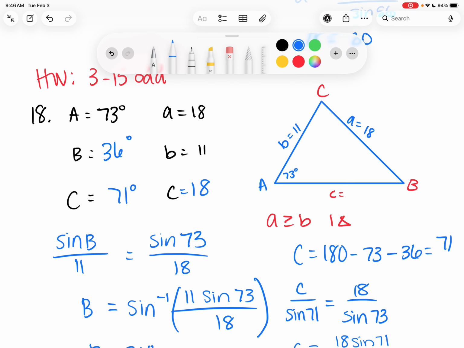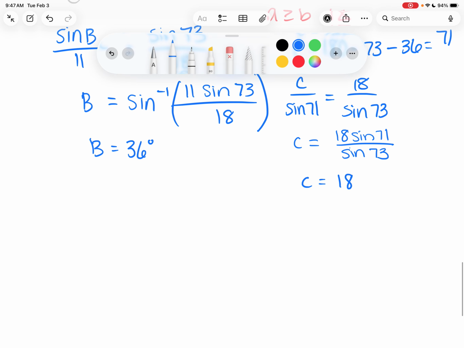Okay? So, within reason, you shouldn't have C is 19 with an angle that's smaller than your other angle. But if it's the same value, it's because of rounding. But that's something you're going to want to watch out for as you do problems. So, questions on that one? Okay.